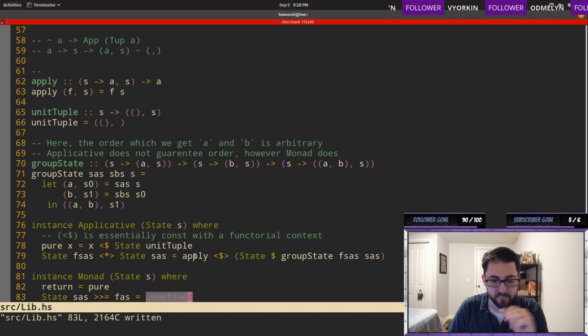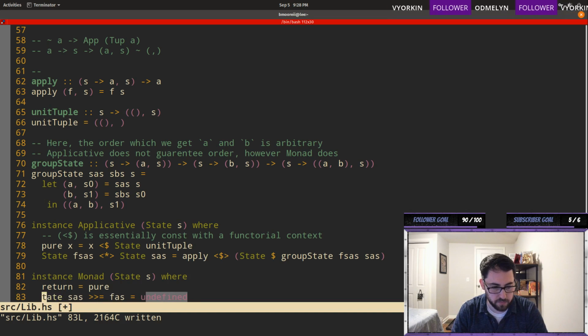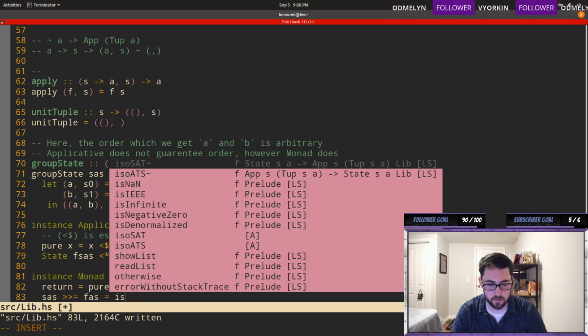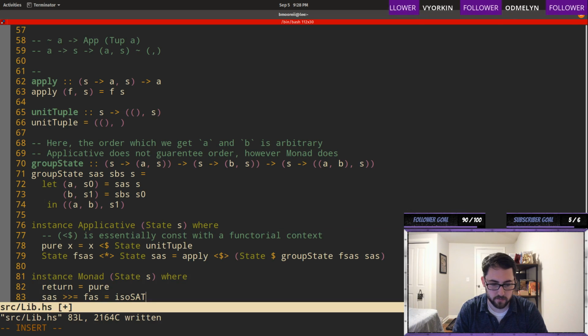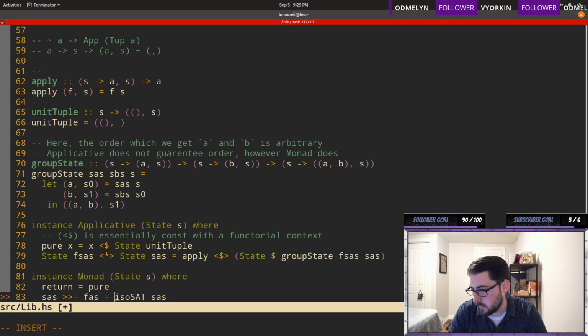So if we need ISOs, that implies that I can get rid of that. And we're going to do something like ISO sat sas and something. Yeah. Well, I need to get rid of that actually if I'm going to use ISOs, right?